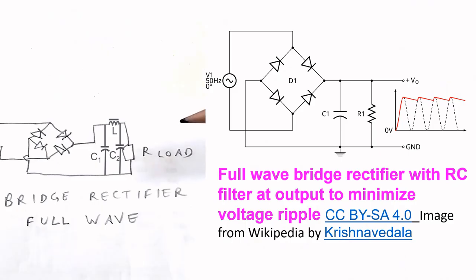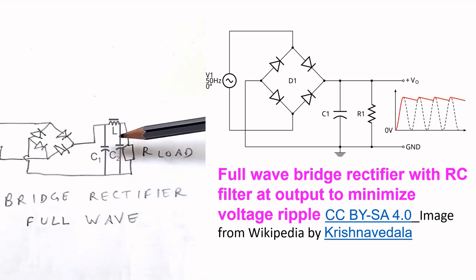Now, as the output of rectifiers has ripples, that has to be smoothened out. That can be done by putting a capacitor across the output. A high value capacitor, typically 1000 or 2000 microfarad, can be connected across the output. Then the ripples will be smoothened out.